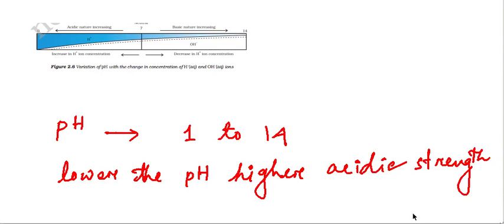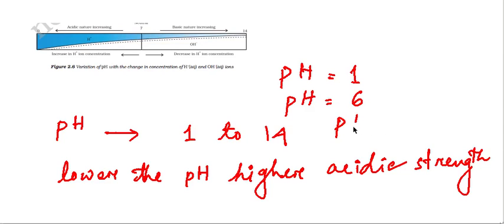So we can say that any solution having pH equal to 1 will be a strong acid, and if pH is equal to say 6, it is a weak acid because the pH is 6.